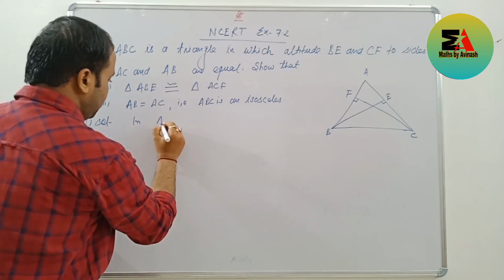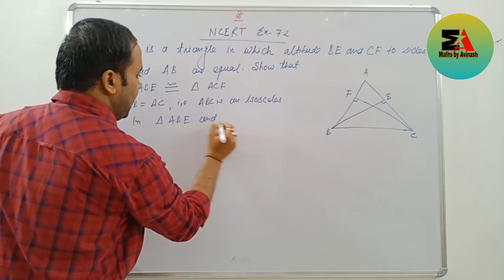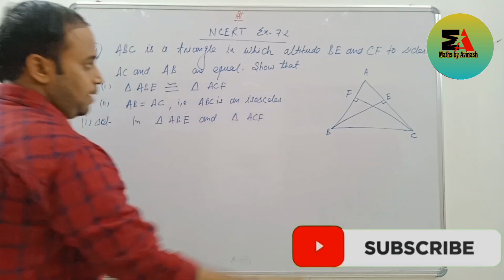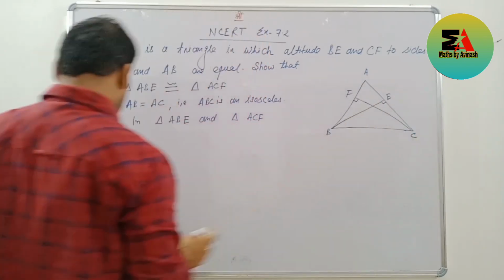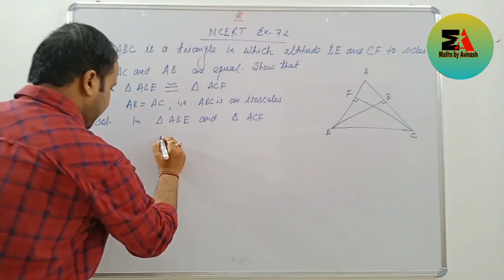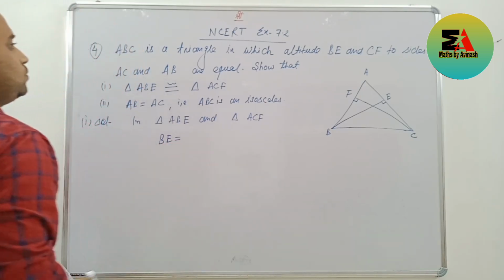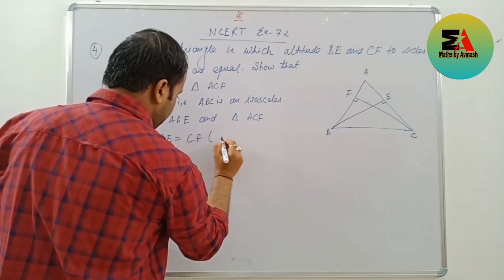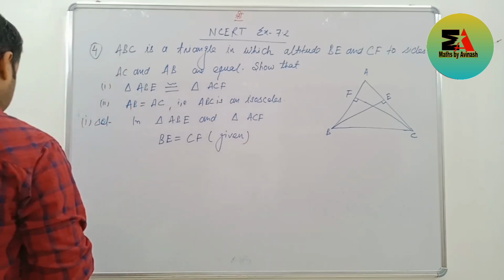In triangle ABE and triangle ACF, BE is equal to CF. Why? Because this is already given in the question, equal altitudes.